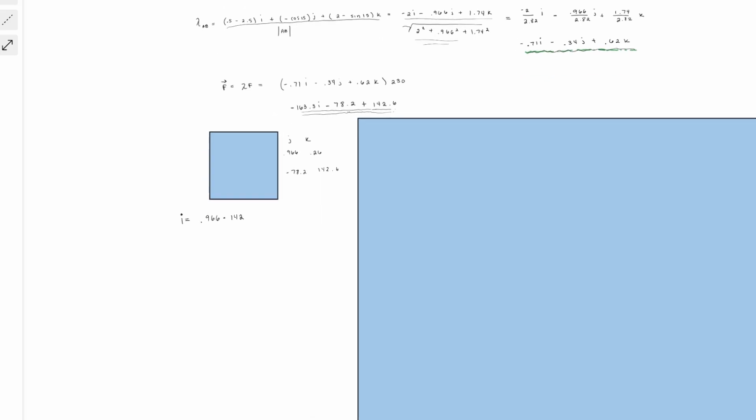So you want to delete this, don't worry about the i, and then what you want to do is 0.966 times 142, okay, 142 minus 0.26 times negative 78.2.